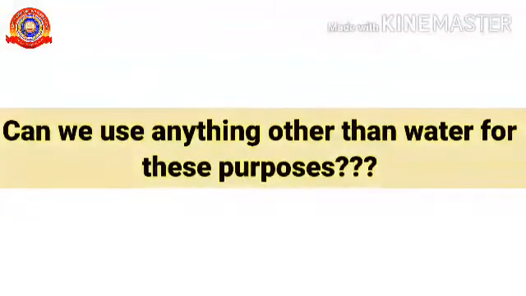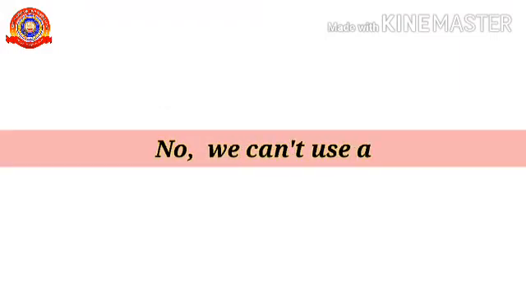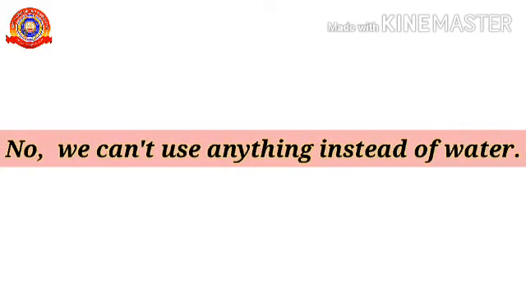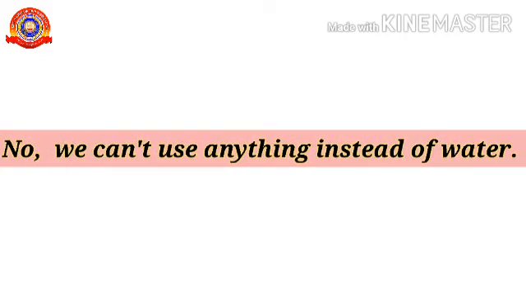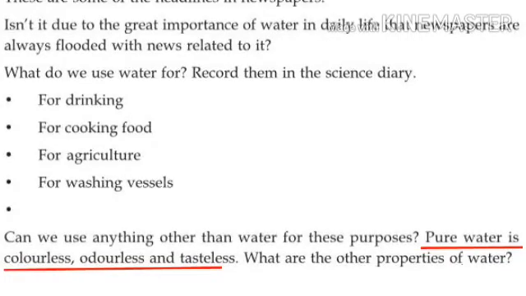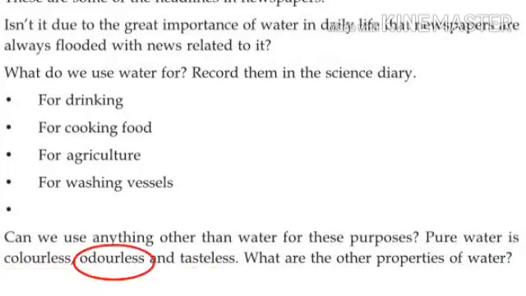Can we use anything other than water for these purposes? No, we can't use anything instead of water. Water is a unique thing. Pure water is colorless, odorless and tasteless. What do you mean by odorless? Odorless means it doesn't have any smell.